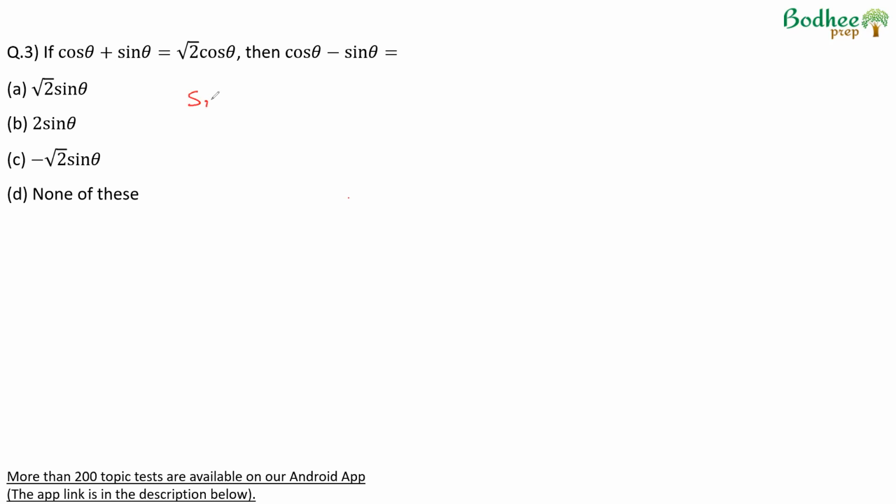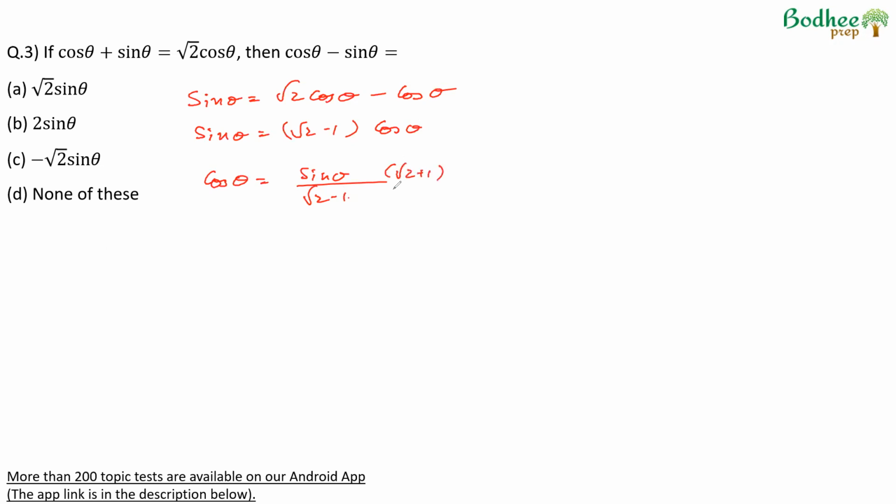So from here, if we write sine theta is equal to root 2 cos theta minus cos theta, which means sine theta is equal to root 2 minus 1 times cos theta, which means cos theta is equal to sine theta upon root 2 minus 1. Now, rationalize this by multiplying by root 2 plus 1 and dividing by root 2 plus 1.